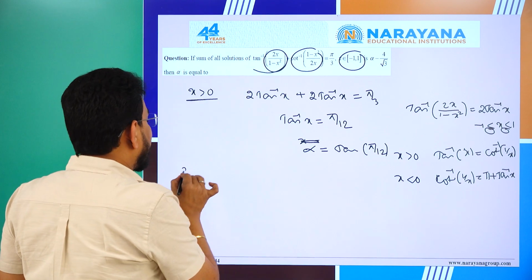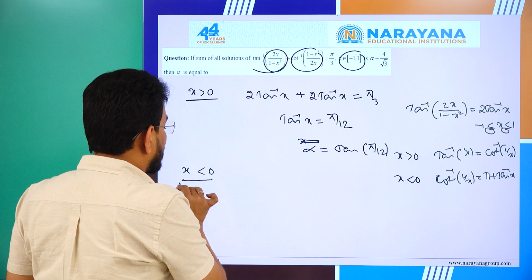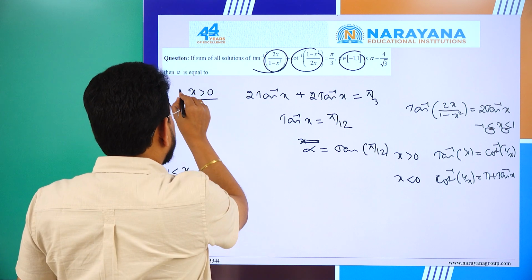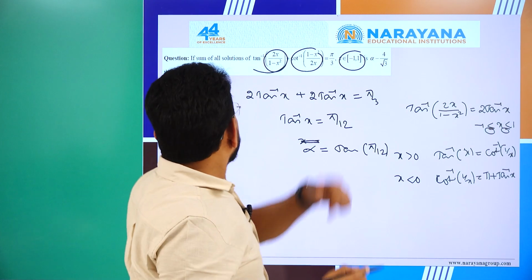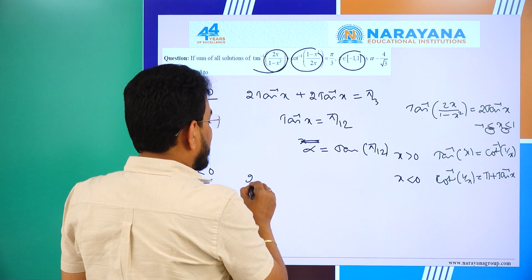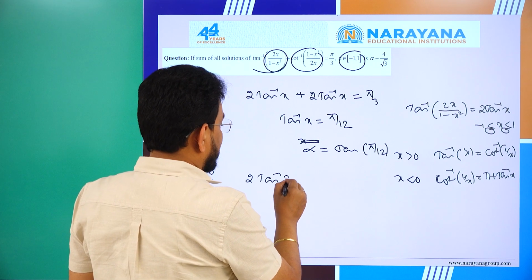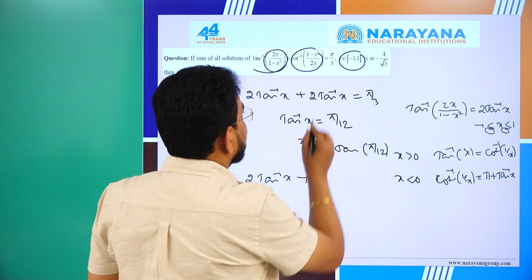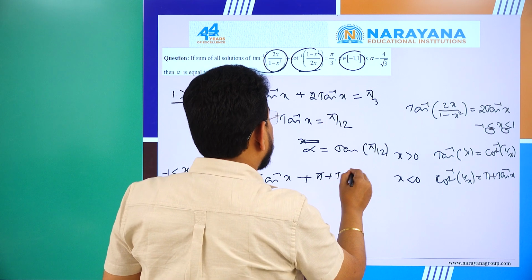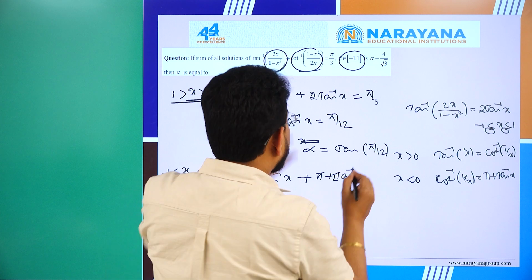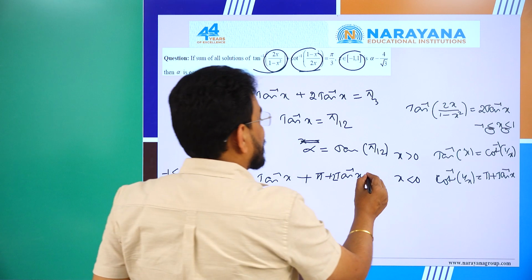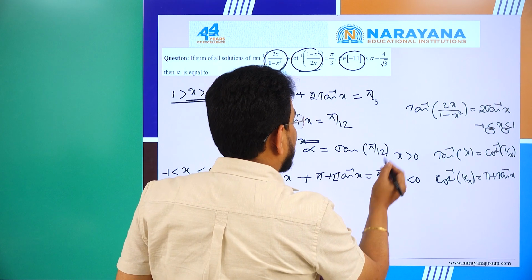Now coming to the second case, x is less than minus 1. Here x is in the interval. So in this one, tan inverse of x, plus this value, will be equal to pi plus 2 tan inverse of x, because this will be tan inverse of 2x by 1 minus x square, which is equal to pi by 3.